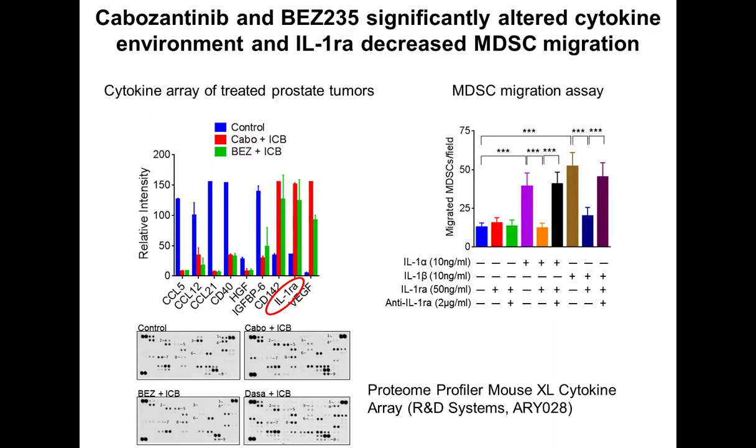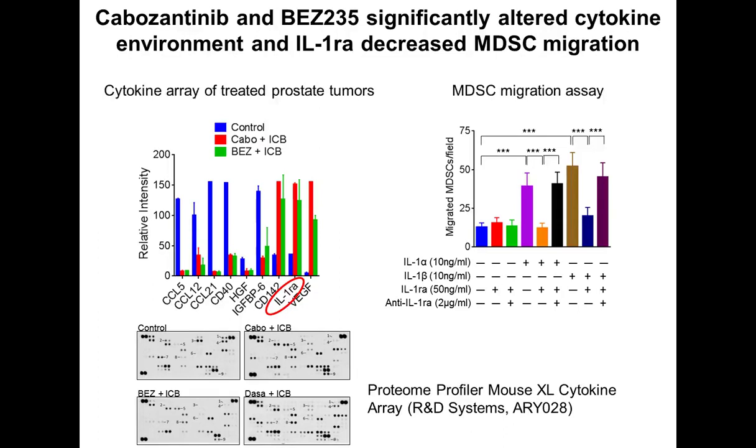So we designed this MDSC migration assay to show that MDSCs are attracted by IL-1 alpha or IL-1 beta to migrate towards a source of tumor signals. But if you treat the system with IL-1RA, you can block such an effect.